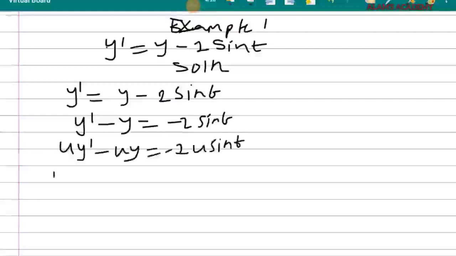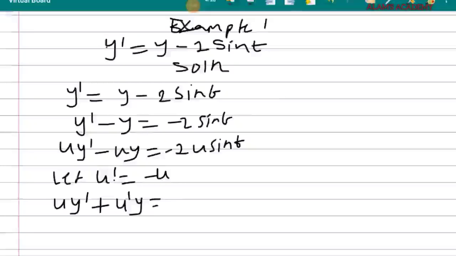Now let u prime be equal to negative u over here, and substitute back into the previous step. So we have y prime plus, so negative gives you positive, so we have plus u prime y. This is going to be equal to negative 2 u sine t.